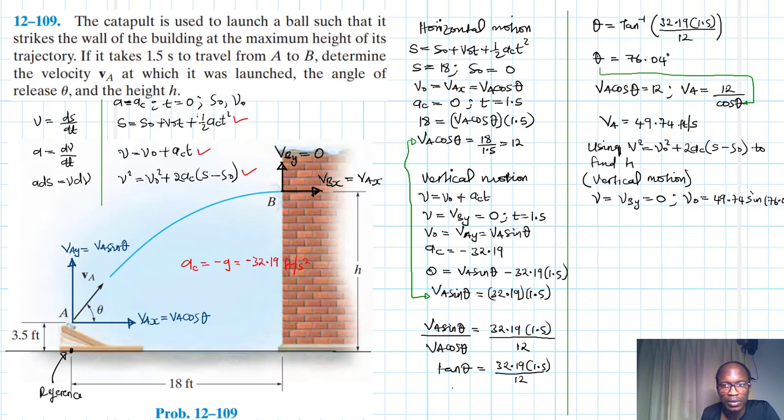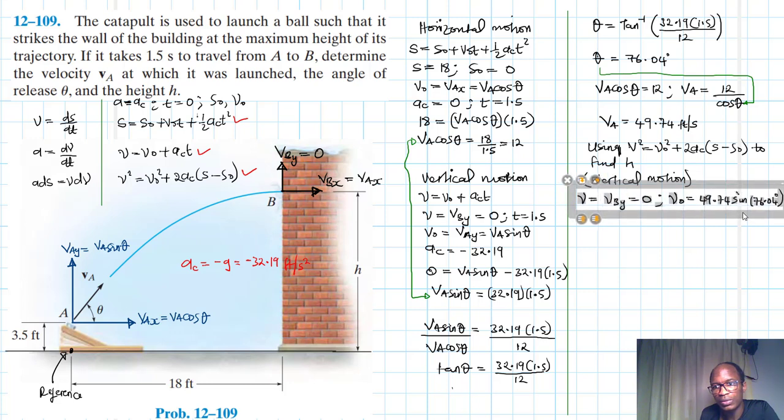Okay, so let me just move this. I move it like so, right? This is sine, this angle. And then we have AC, which is just equal to minus 32.19, and then we have our S, which is equal to H, and then our S naught is equal to 3.5, right? So let's work out this. So this just becomes 0 is equal to, where is the equation?